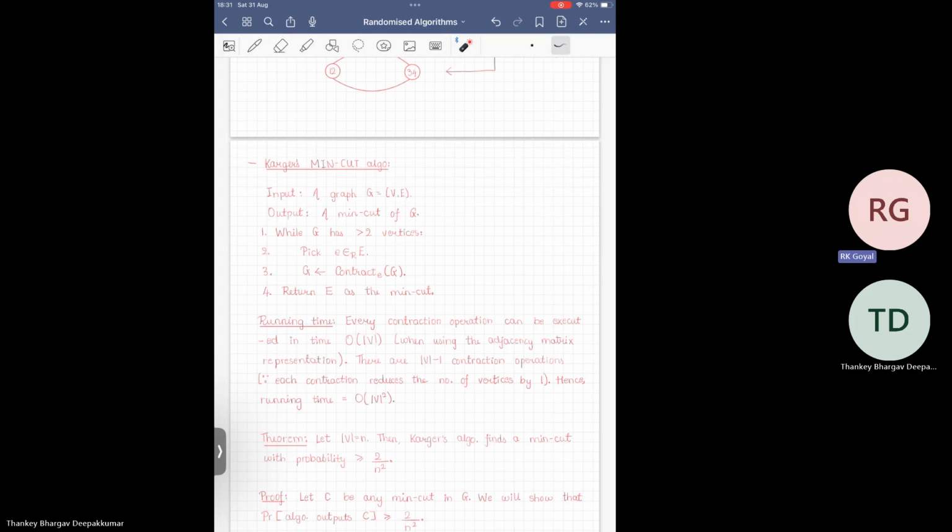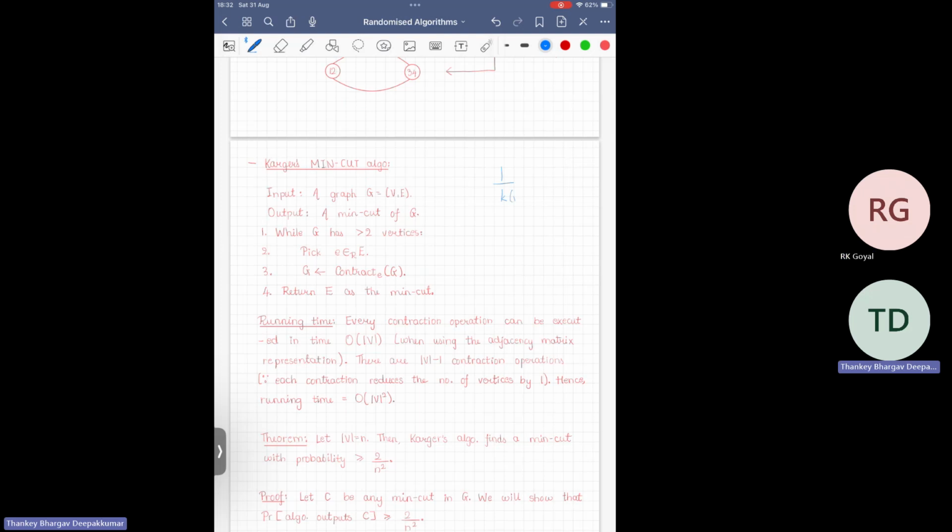A related question here is: can we boost every randomized algorithm, or only those randomized algorithms wherein the probability is inverse of a polynomial? Let us say that the success probability is 1 over k, for some number k, where k can be any function of n.